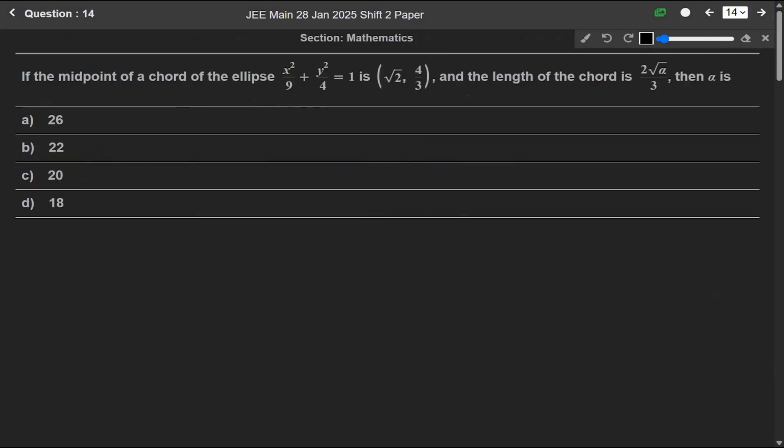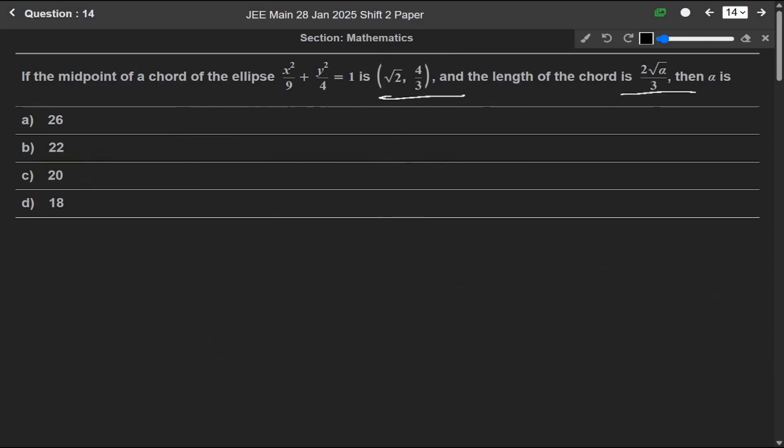Okay, now next question 14. If the midpoint of a chord of the ellipse x square over 9 plus y square over 4 equals 1 is (root 2, 4 by 3), then the length of the chord is 2 root alpha over 3, and we have to find the value of alpha.